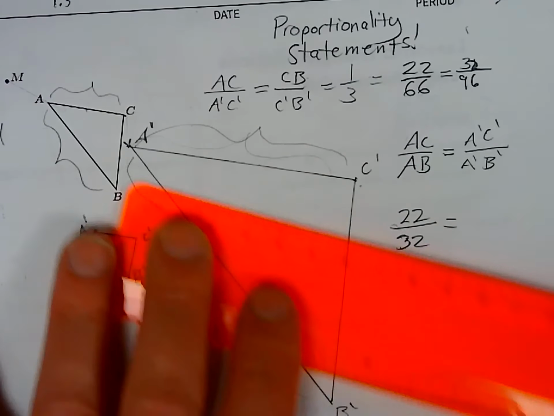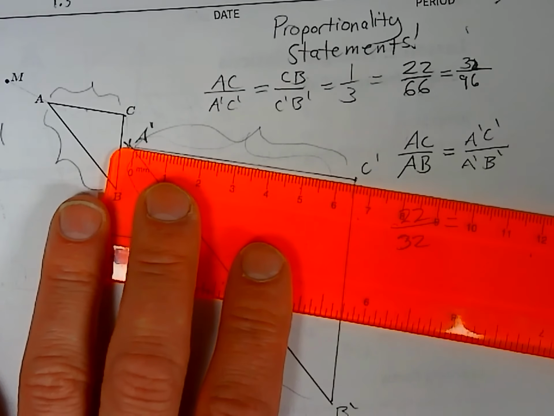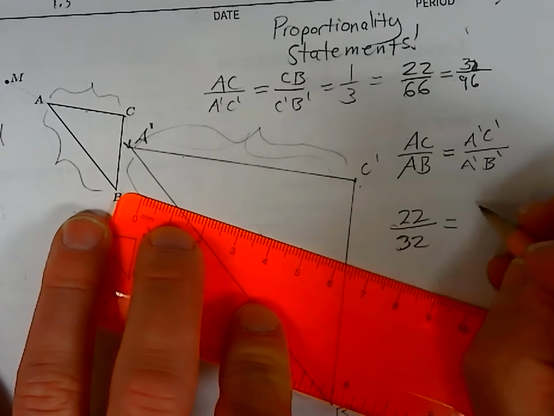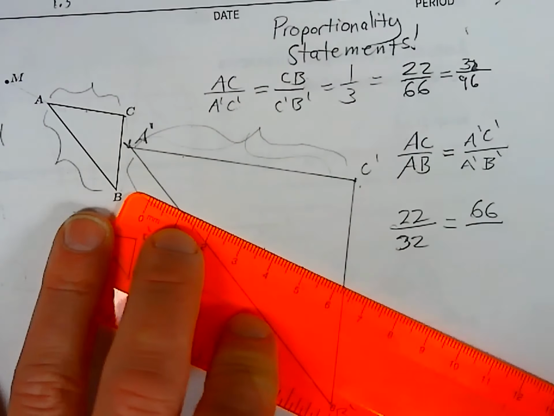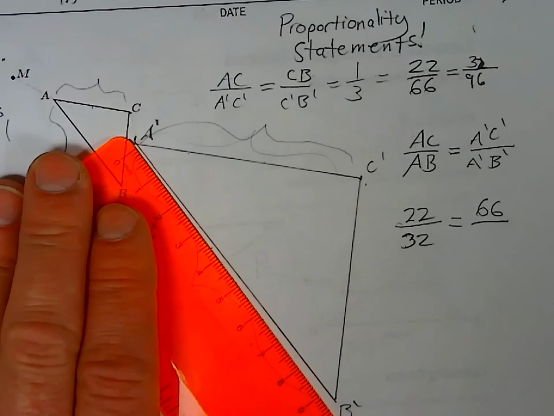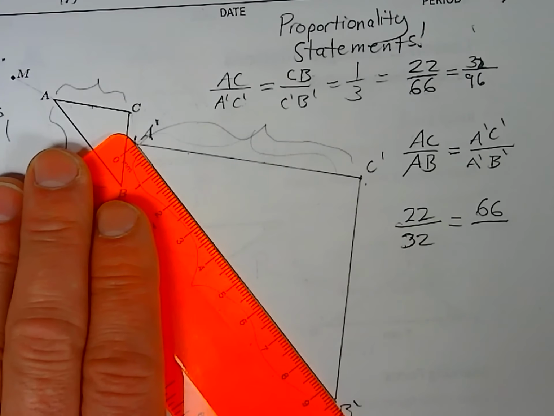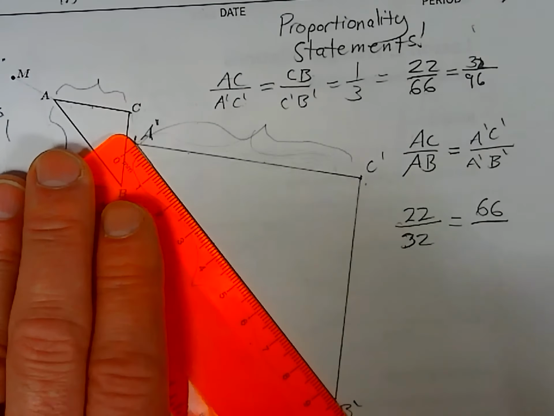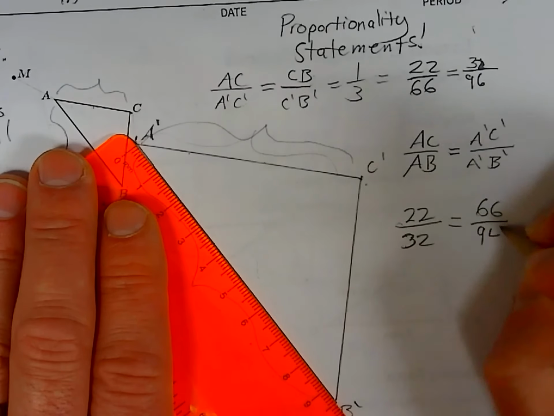Equals, now let's look at the big guys. 66, yeah, I already knew that, right? Compared to 94, 95, 90. I'm going to go with even numbers here.